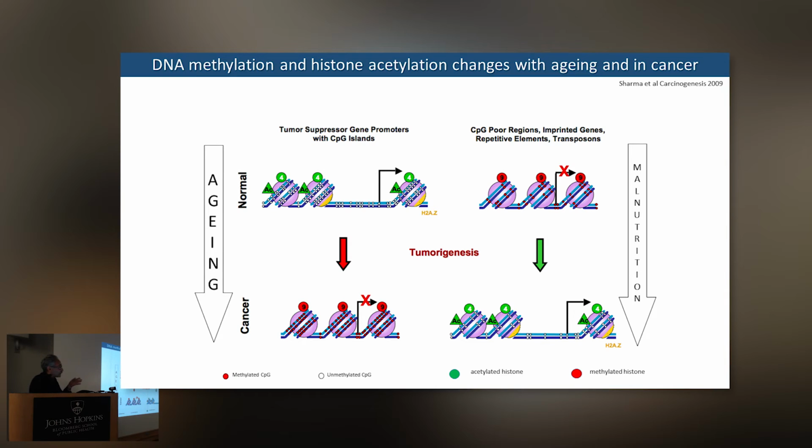The question is, can we manipulate this nutritionally? Can we reverse the methylation changes that are happening? And this is obviously a big question in science today. We certainly know we can do it in a very crude way with agents such as 5-azacitidine, which inhibits the DNA methylase, but 5-azacitidine is the most damaging agent I've ever seen under a microscope.